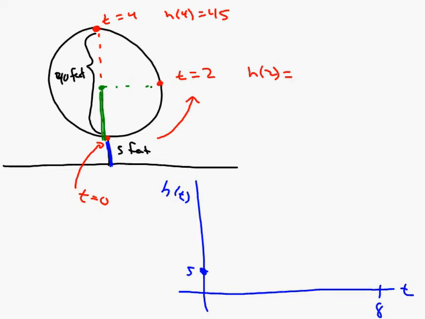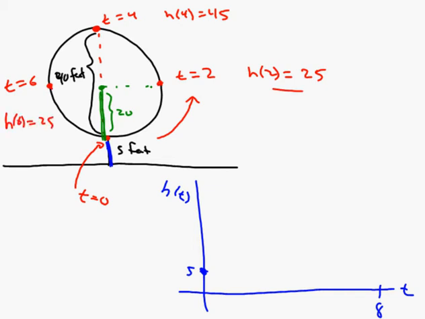Well, the blue distance below it's 5, and this is just a radius. So it's half of 40, or 20. So now we know that h of 2 is 25. Okay? And then over here, t equals 6 minutes, right? It's another 2 minutes, another quarter from the 4. And again, this height here is going to match the height that was over here. So we expect h of 6 to also equal 25.